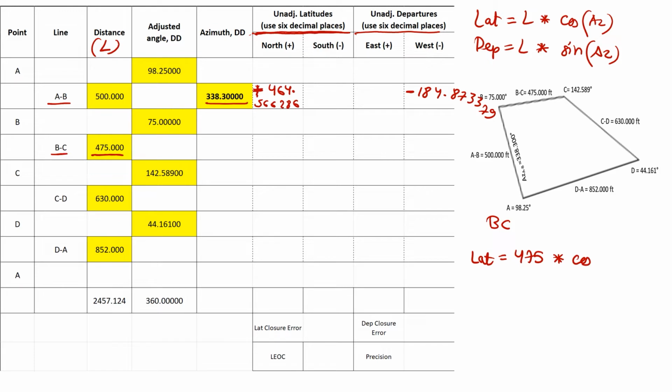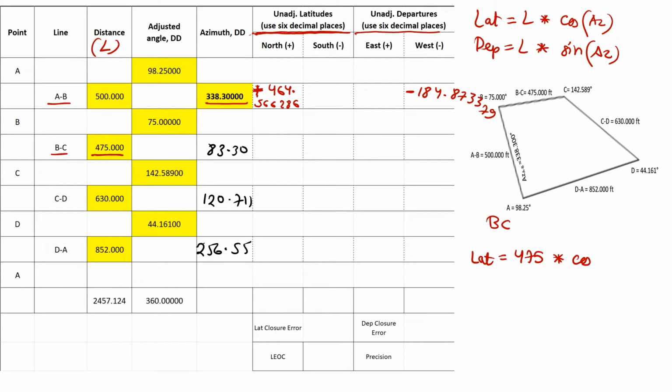Let me write down the azimuths that I computed in the previous step: 83.30 for BC, 120.711 for CD, and DA was 256.55. So these are my azimuths.